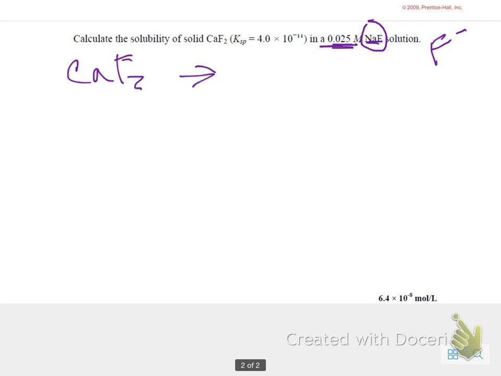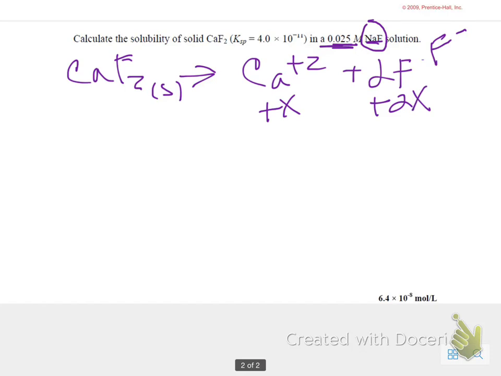Alright, so I have CaF2, and that's a solid, and it's going to break apart to Ca plus 2 plus 2F minus. And my KSP is given to me, so I'm going to end up with a plus X here, a plus 2X here. So my KSP is going to be my X times my 2X, which is squared.